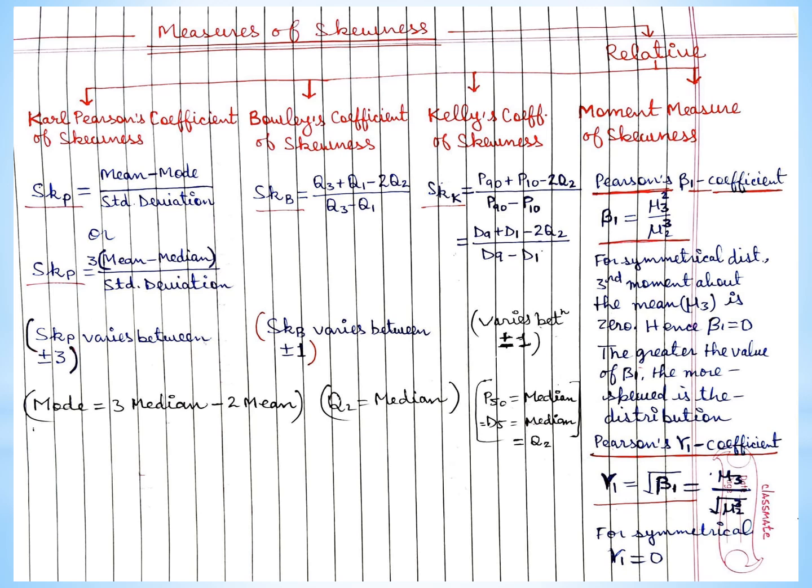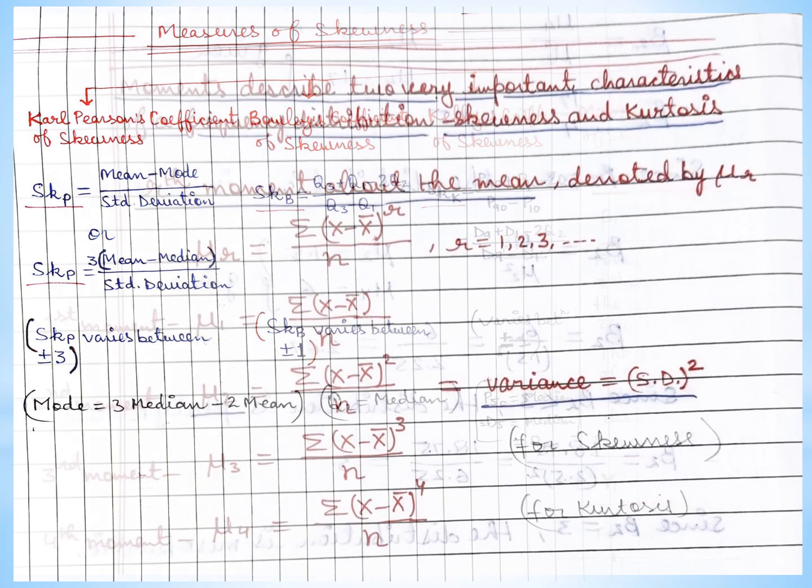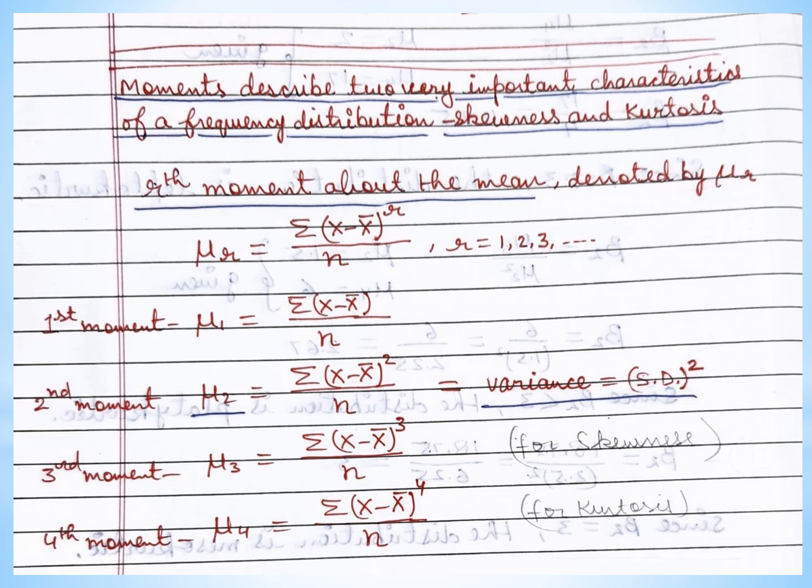So to understand the moment measure of skewness, to understand Pearson's beta 1 coefficient, which is based upon mu 3 square upon mu 2 cube, we should understand what the moments are. So in the next slide, we understand what the moments are.